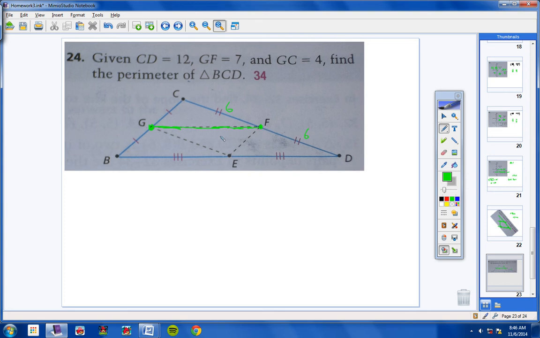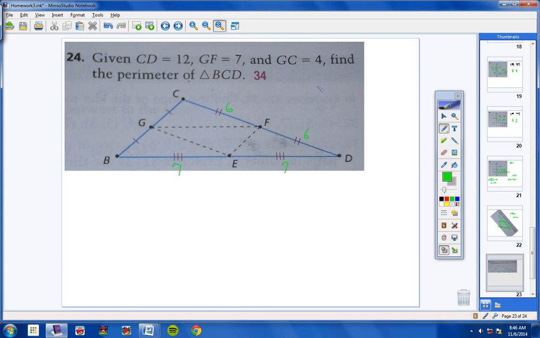So this is a mid-segment. So if GF is a mid-segment and GF is 7, which it is, it says right here, then that means this entire length over here, this whole length here, has to be twice as big, 14. Okay, so I'm going to put a 7 here and a 7 here.